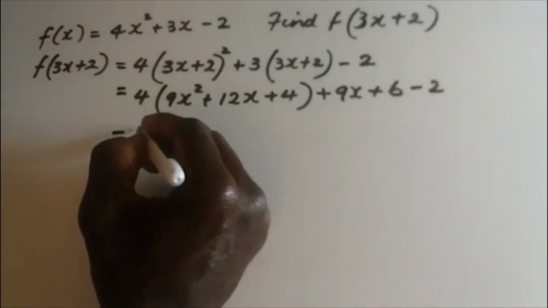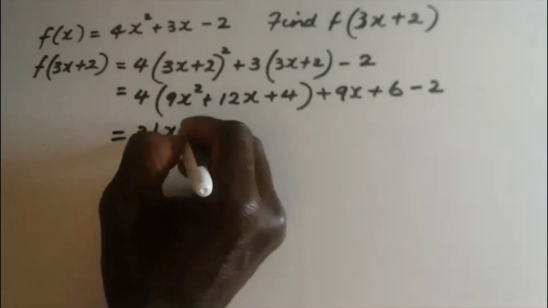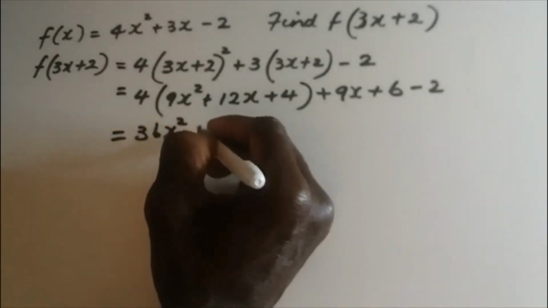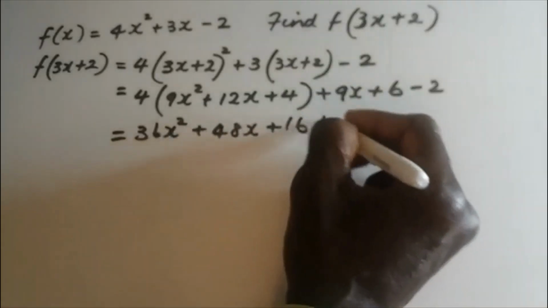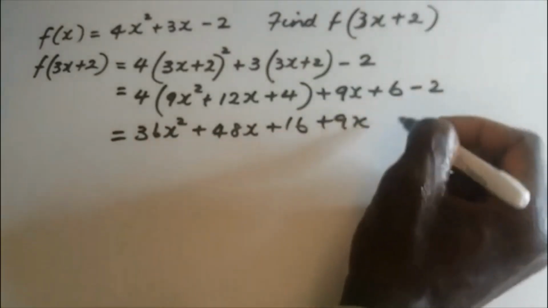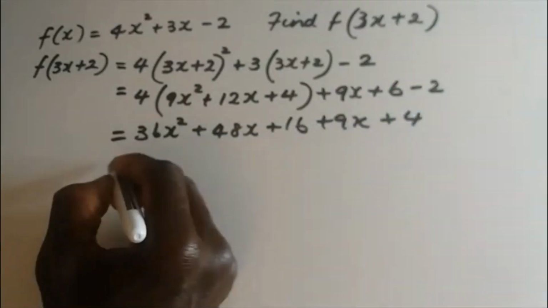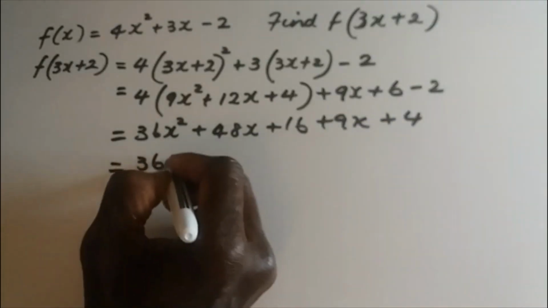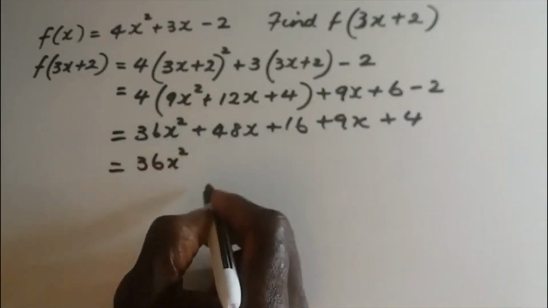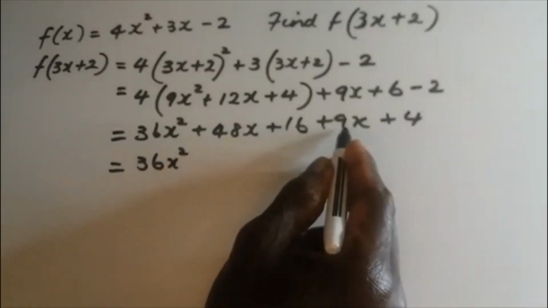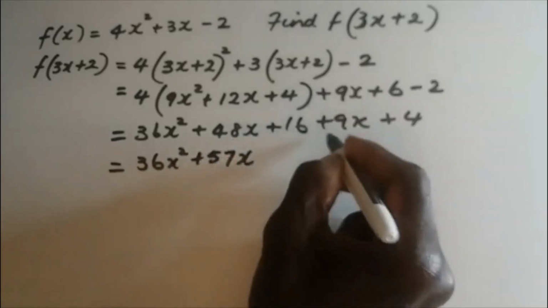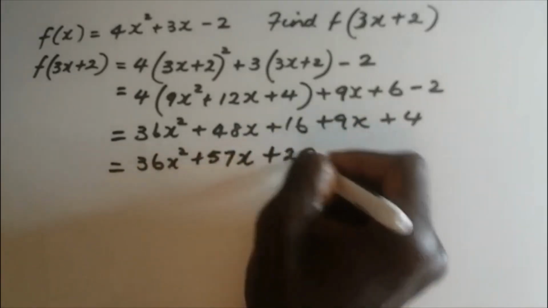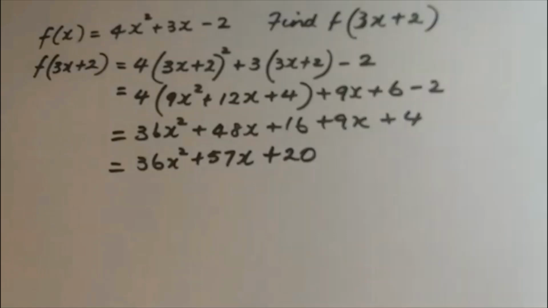Now we have 36x squared add 48x add 16 add 9x, and this is 4. This gives us 36x squared. 48 add 9 is 57x add 20. And that's the simplest form of our result.